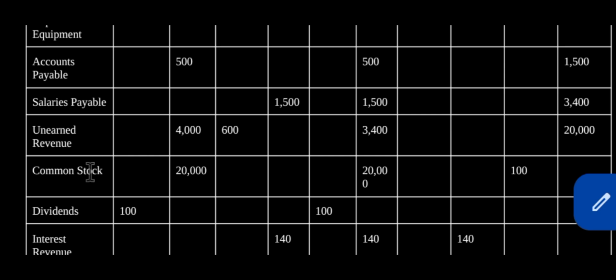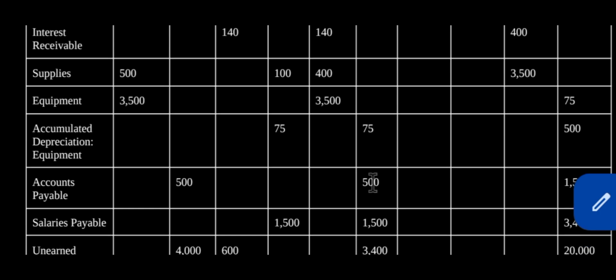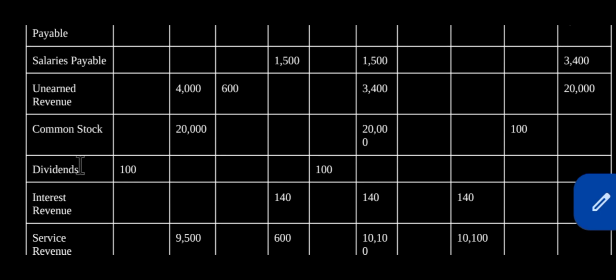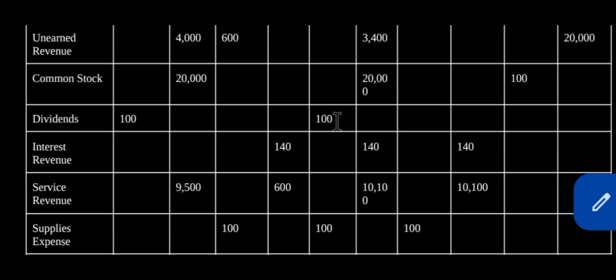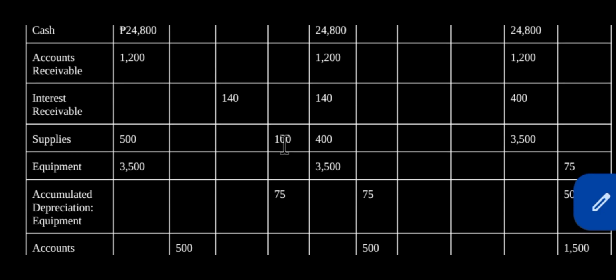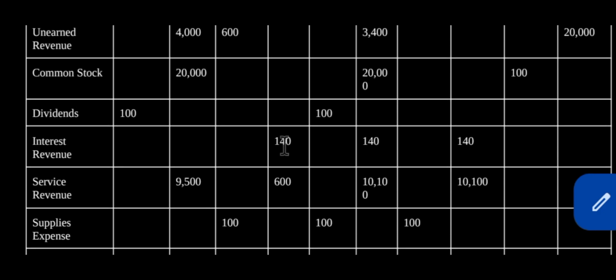Next, for the common stock, we have 20,000. Copy paste it with the same side, which is credit. For the dividends, we have 100. Still copy paste it on the adjusted trial balance. Interest revenue, we have 140, which I assume on credit side.